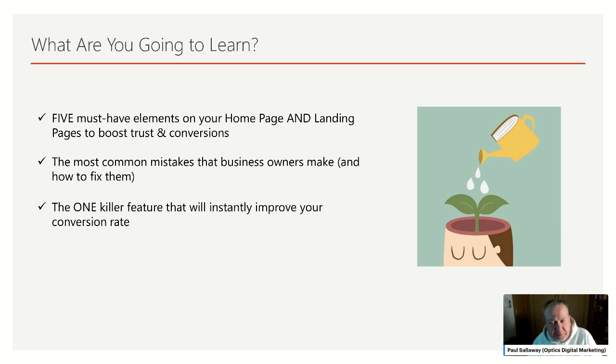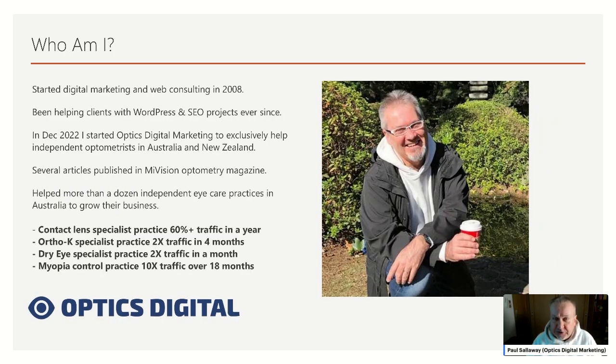But first of all, who am I? My name is Paul Salloway. I started digital marketing and web consulting way back in 2008, and I've been helping clients with their WordPress, SEO projects, and other digital marketing projects ever since.